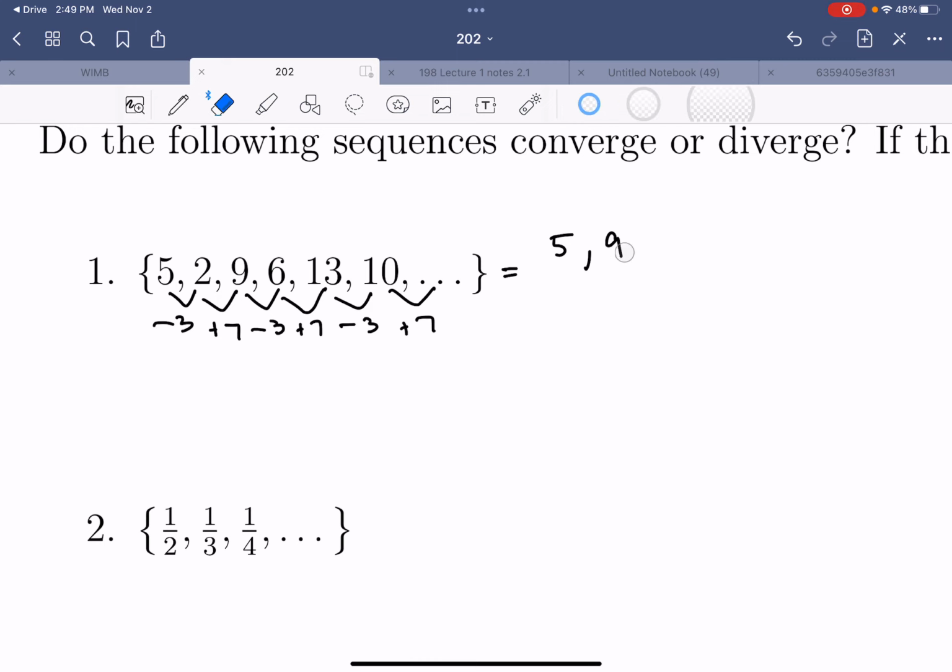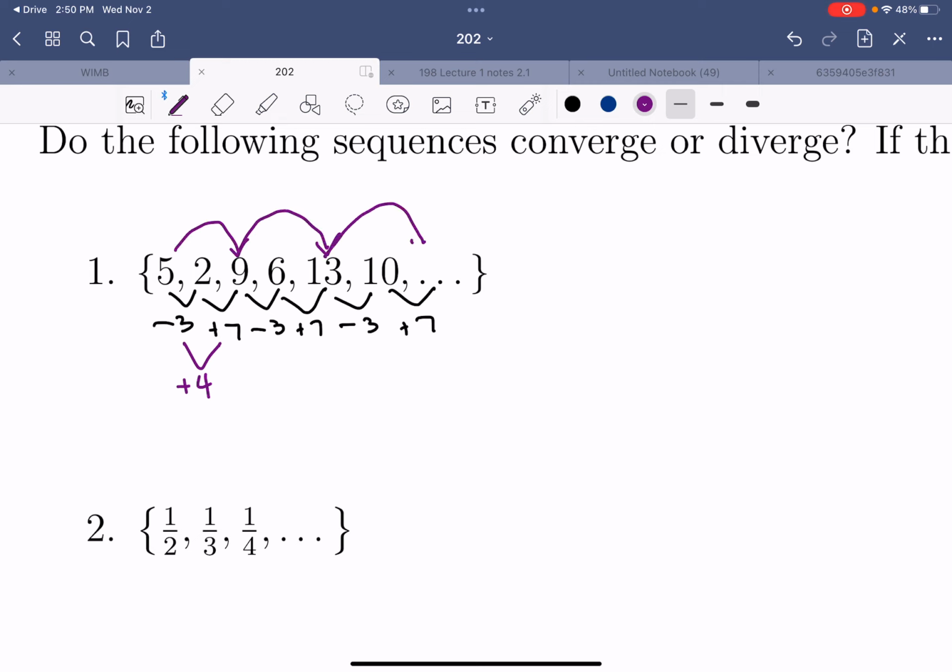So I don't think this is going to converge anywhere, right? Because you're going to subtract 3 and then add 7. So for every 2 terms, you have a net add of 4. So you're going to be adding 4 every second term. So instead of thinking about 5, 2, 9, 6, 13, let me think about going from 5 to 9, 9 to 13, 13 to what would be 17, right?